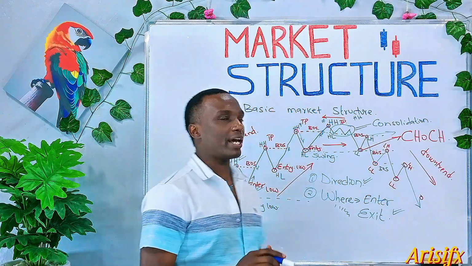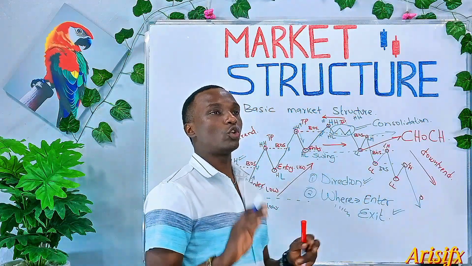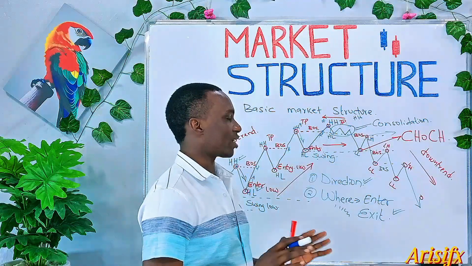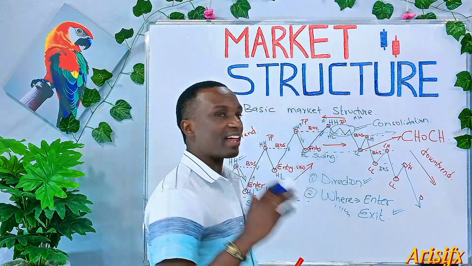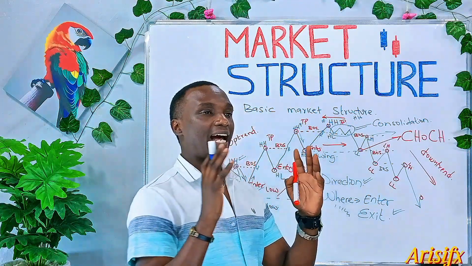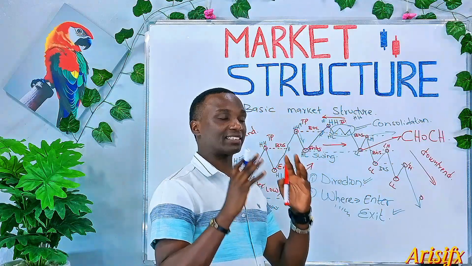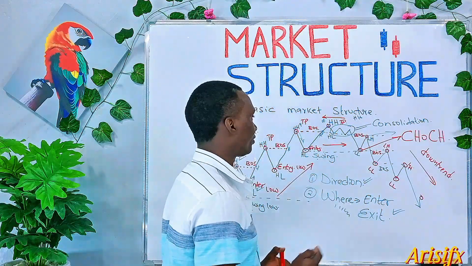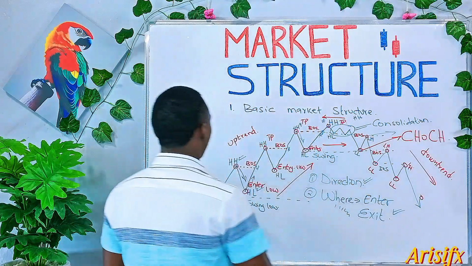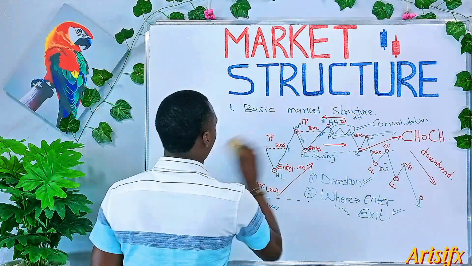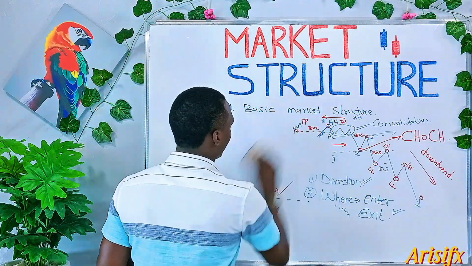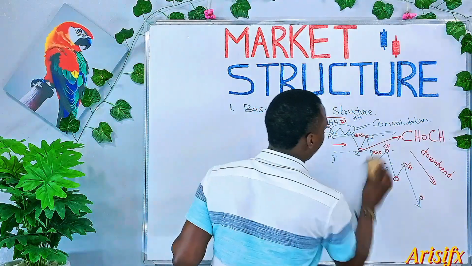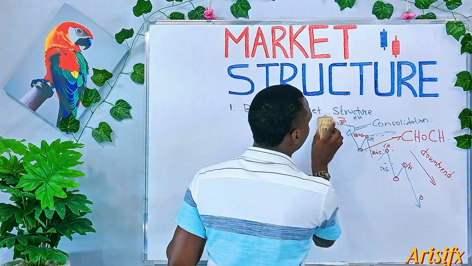That is why we are going next to look at the advanced market structure, to further understand in a more advanced outlook how the price moves. I'm going to wrap up what we have just discussed on the basic structure and look at how the advanced market structure is.